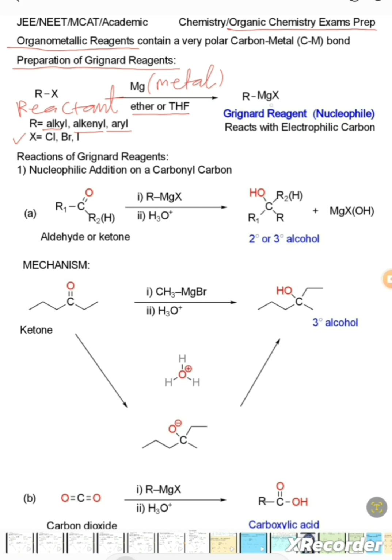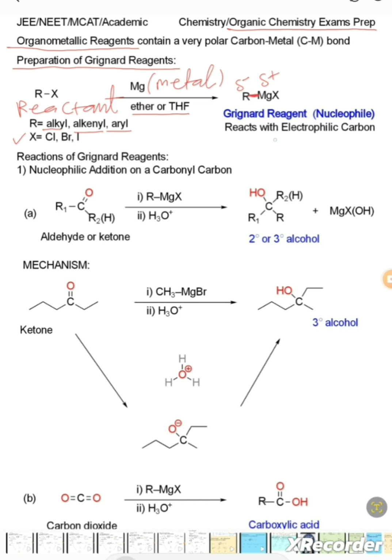The Grignard's reagents general formula is RMgX, and since magnesium is a metal, it's more electropositive, therefore the carbon part gets a partial negative charge.